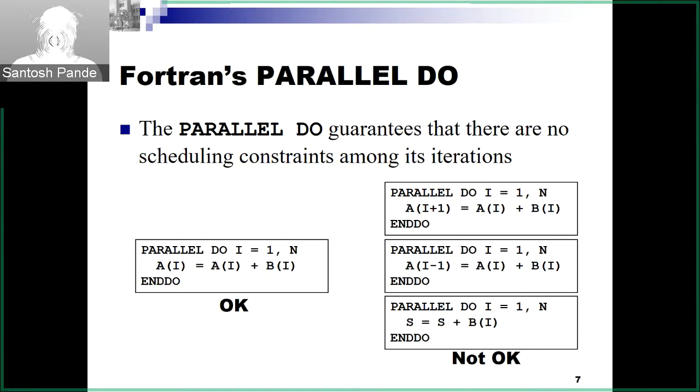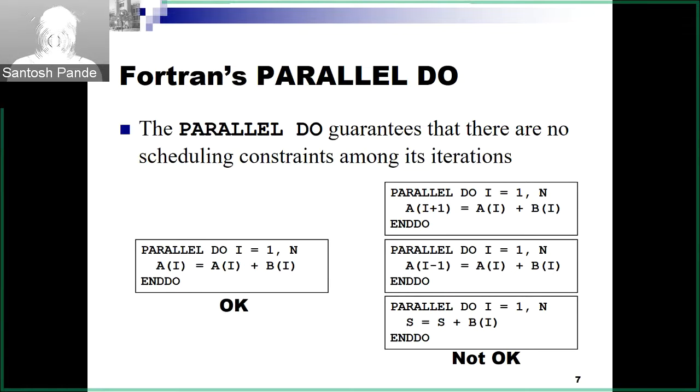So iterations 5 and 6 will have a dependence because A of 5 is being read in the 5th iteration and being written in the next iteration. So there is an anti-dependence there, and that leads to the problem.